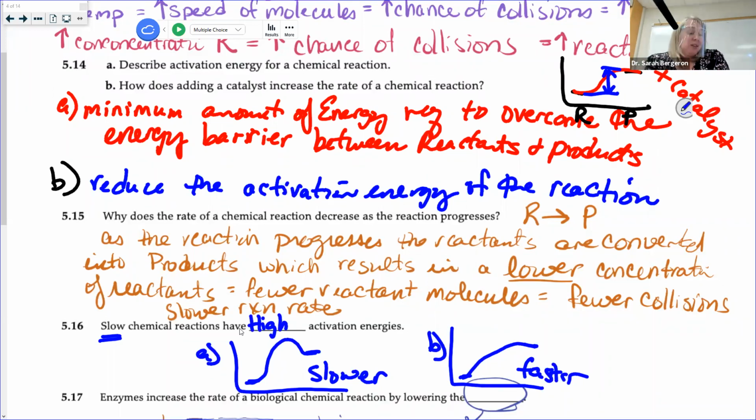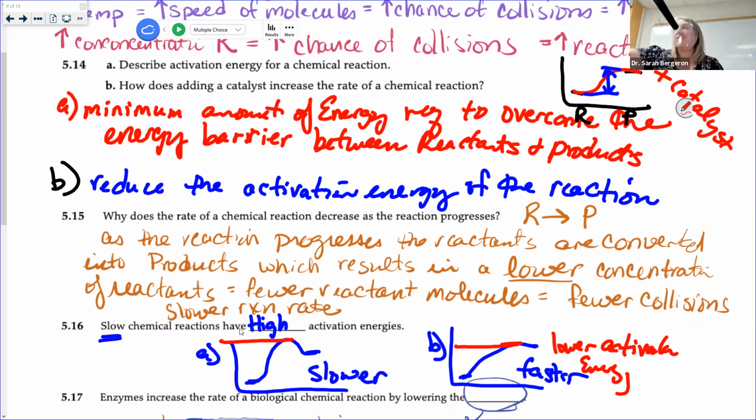And this one will have a lower activation energy, right? Here's my activation energy. This is the maximum. Here, my activation energy is all the way at the top.